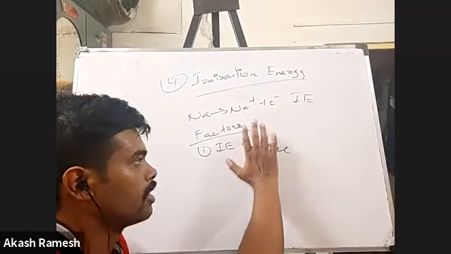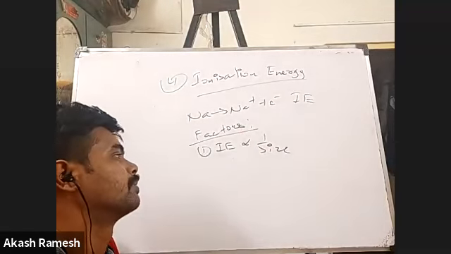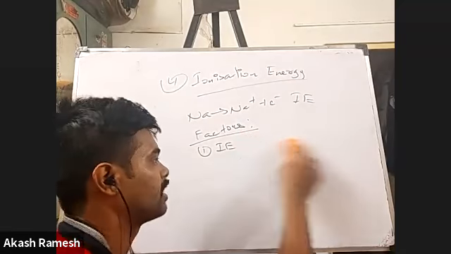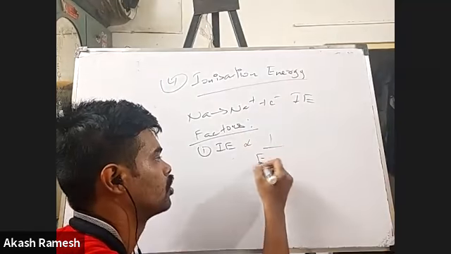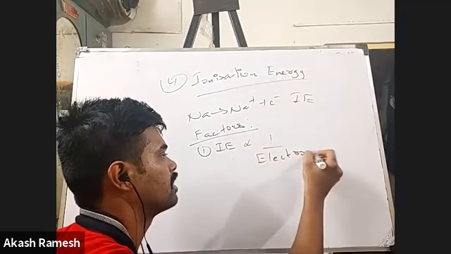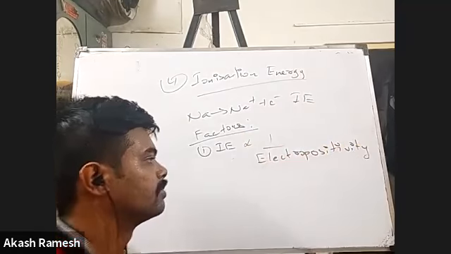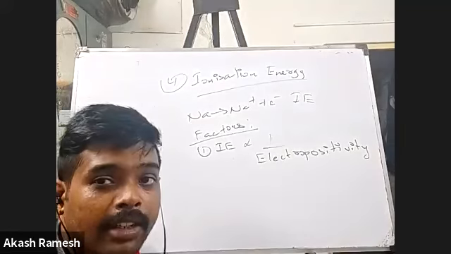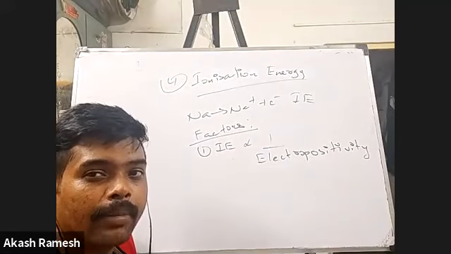Now, before we see this, the first step, we'll not take it as size, we'll actually take it as ionization energy being inversely proportional to the electropositivity. What is electropositivity? It is the ability of the element to lose an electron.